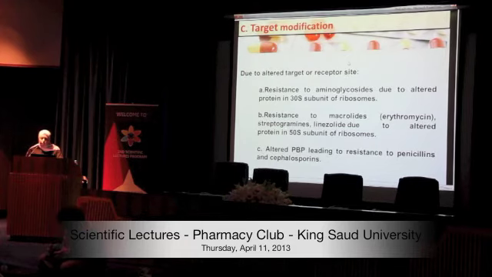So the resistance against aminoglycosides due to altering proteins on the 30S subunits of the ribosomes works that way. He alters the 30S configuration, so it doesn't work on them. Resistance to macrolides, erythromycin, streptogramins, linezolid, all these work by the same pathway. Altering penicillin binding proteins as well, changing the shape of the enzyme or the receptor which it works upon.